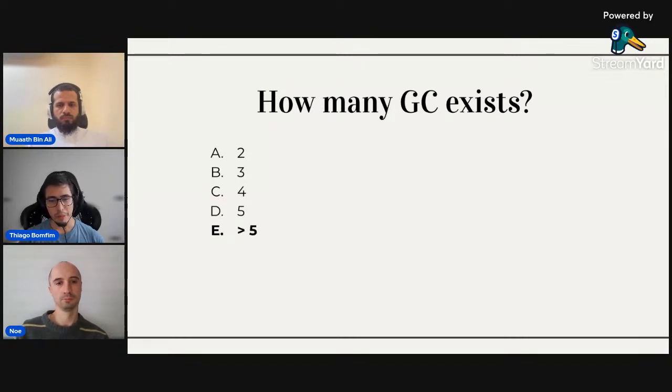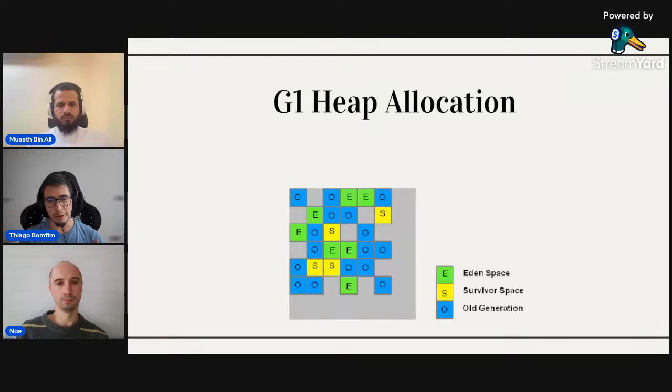But why do I show this now? Because now we talk about G1. We talked before about CMS, but now let's talk about G1, okay? So G1 heap allocation is different. Before, you saw that you have a specific space for the eden, the survivor and the old generation.